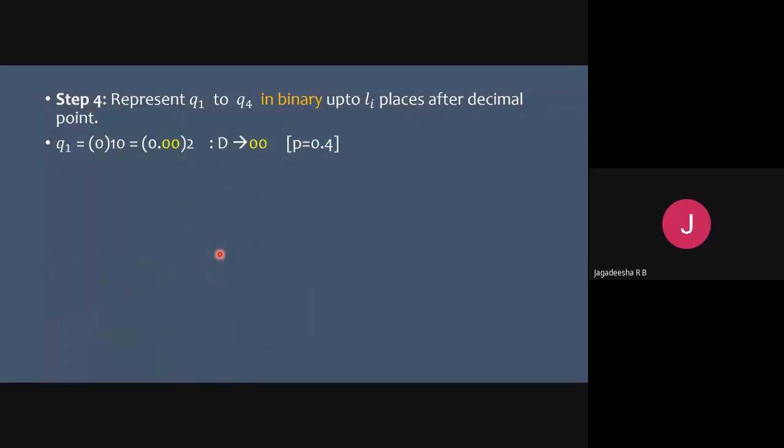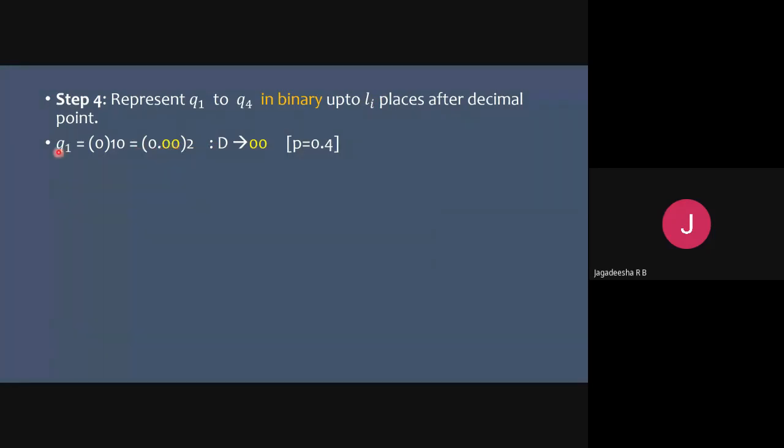So the Q1 value in decimal is 0. So we have converted it into binary, that is 0.00000. But I have restricted it to 0.00. Why? Because the length of these binary codes should be guided by Li. So Li is equal to 2, so I have only put 2 zeros here.